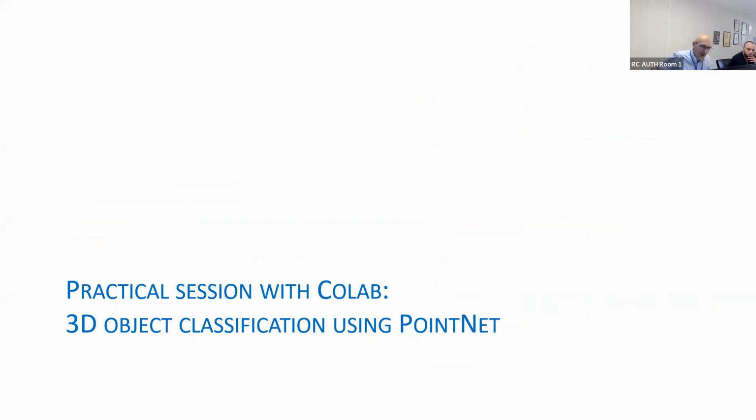can start. So welcome again to the second part of the tutorial. And so as I told you before, I would like to start by showing a practical section with the Google Colab, where we can start from the implementation of PointNet.